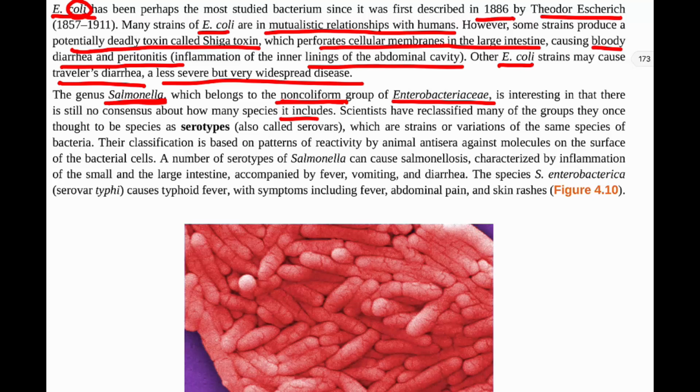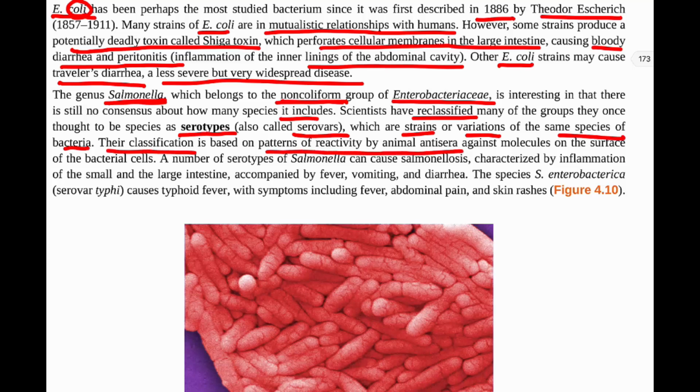So scientists have reclassified many of the groups that they once thought to be species as serotypes, also called serovars. These are strains or variations of the same species of bacteria, so they're different types of the same bacteria. Their classification is based on patterns of reactivity by animal antisera against molecules on the surface of the bacterial cells.